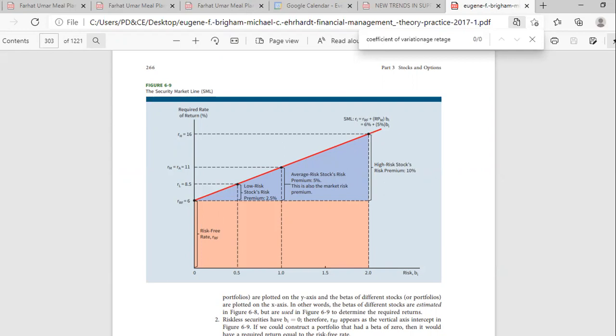The numbers put into this formula are obviously going to be higher because of a higher beta. A high risk stock is going to have a higher beta, and therefore the rate of return is going to be higher. And for low risk stocks, the beta is going to be lower, the risk premium is going to be lower, and therefore the return they're expecting is also going to be lower.